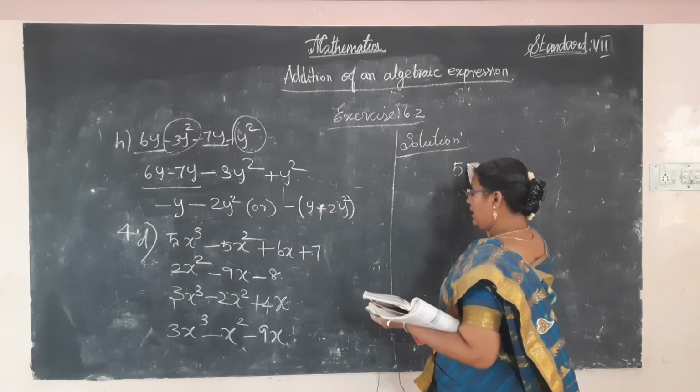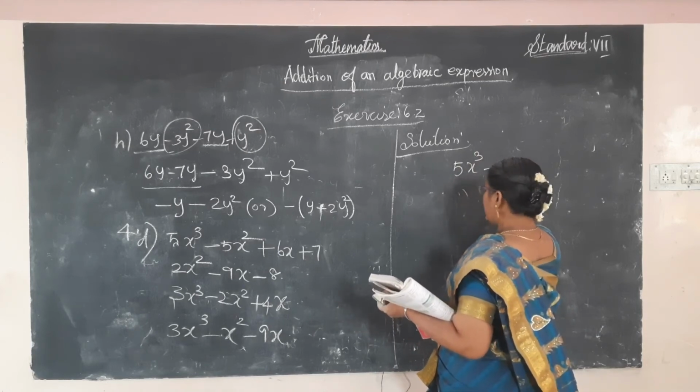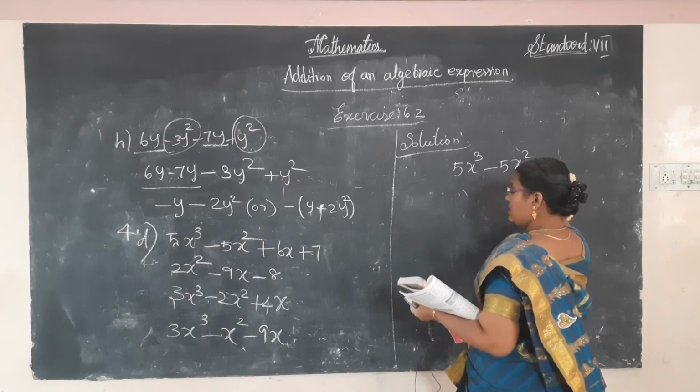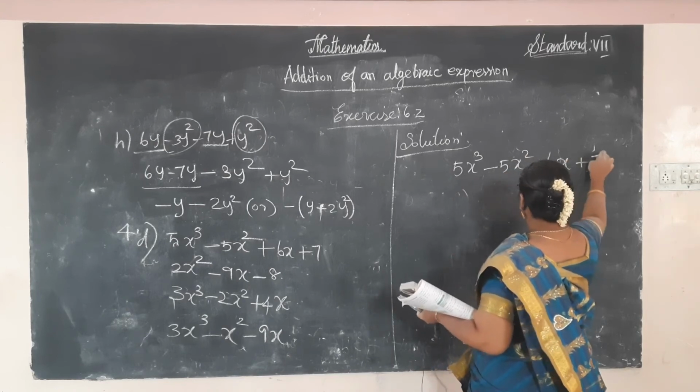First term 3x power 3 minus 5x power 2 plus 6x plus 7.